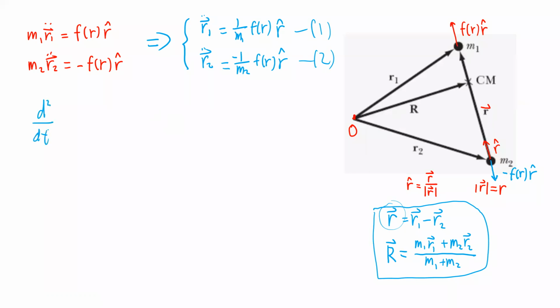That would equal 1 over M1 plus 1 over M2, times F of R hat.